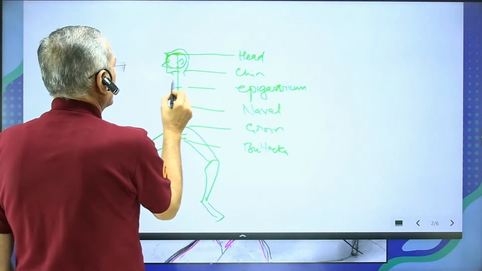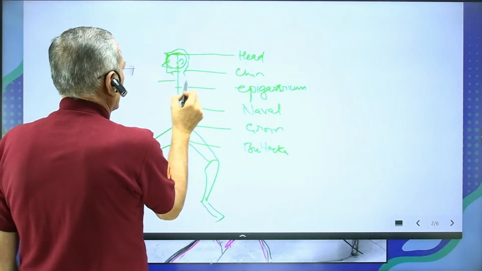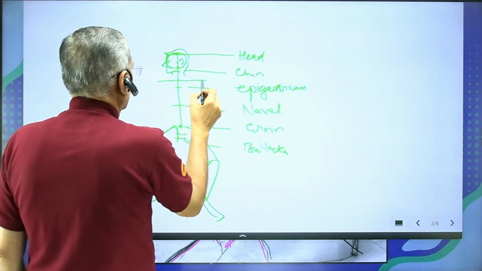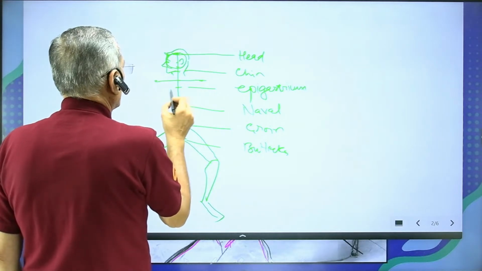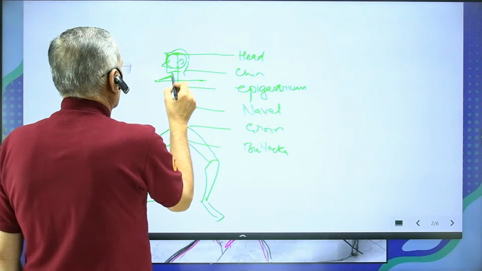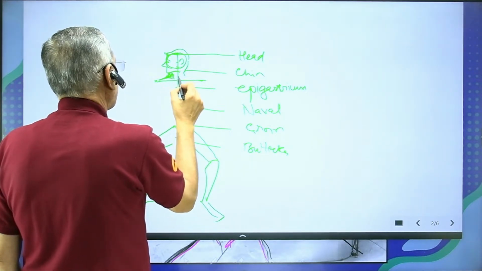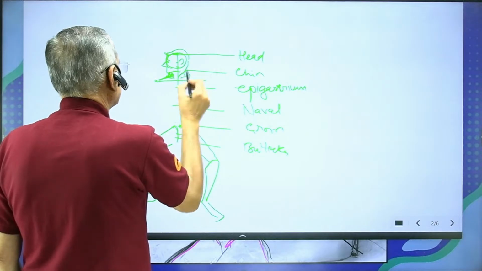Between the epigastrium and chin would be the shoulder line. How big will be the shoulder of a man? It will be like this. Of course, we will overlay it with the clothing.